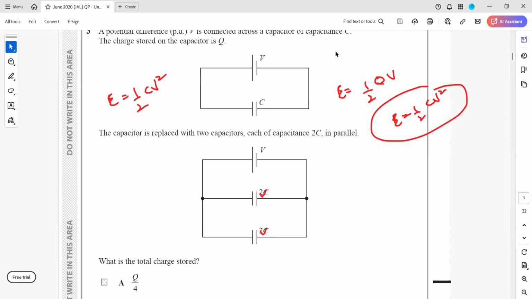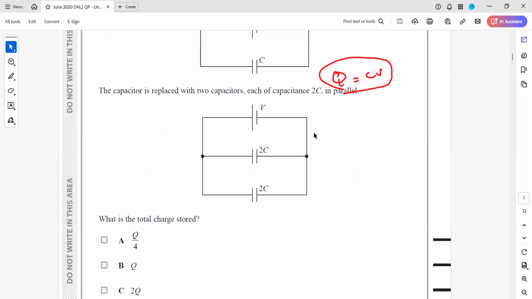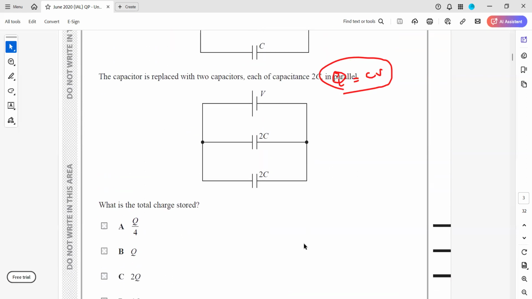And if you want, the question was total charge actually. So if I need a charge, I will just use the formula that Q is equal to CV. That is the total charge stored here. What about this one? If you check the total charge, because the capacitance is double, the total charge will be 2Q here.